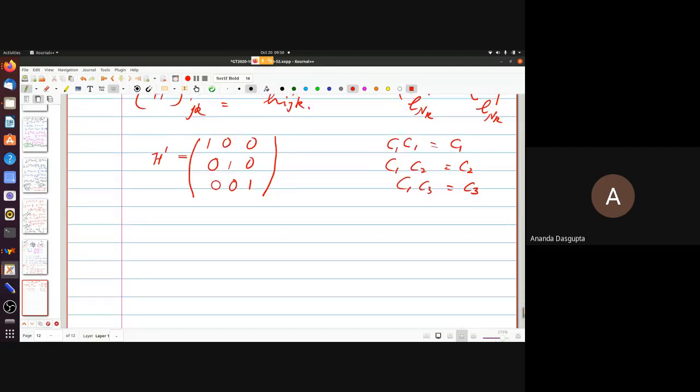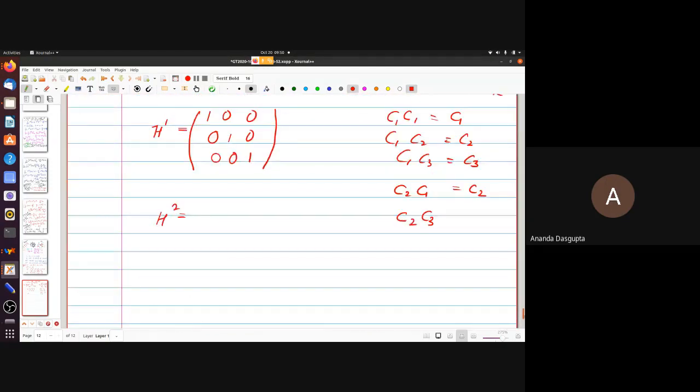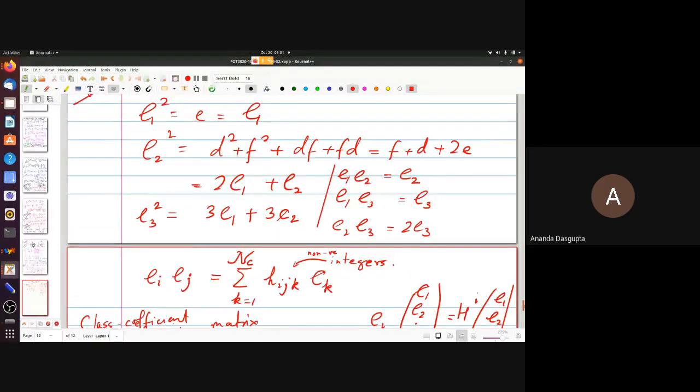Okay. What about H2? You will take C2 and apply that on C1, and you get C2. C2 applied on C3, what will you get? We had worked it out before. So C2C3 is simply 2C3. Okay, we also forgot C2 acting on C2. That's C2 squared. That, remember, is 2C1 plus C2.